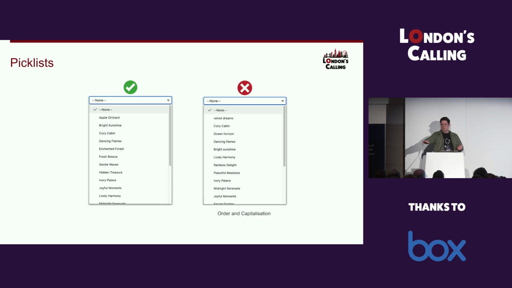They know exactly, I need to scroll two on this mouse that I've been using for the past three years, and that's the value I need. You have a new starter. They're going to be looking at it for two minutes, trying to find where it is. Help them by having some sort of logic in your picklist values. Mostly you're going to go alphabetically, which is what I have done here as well.